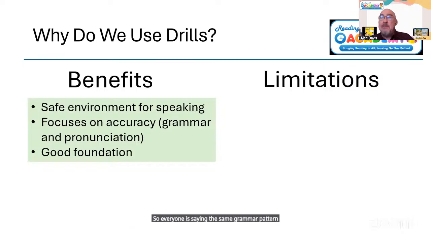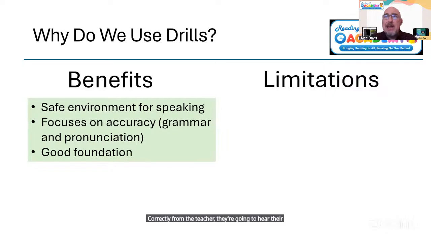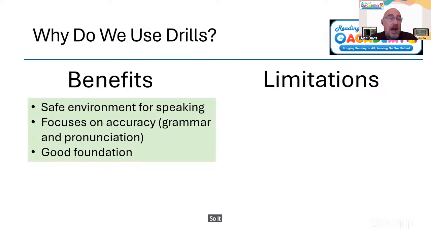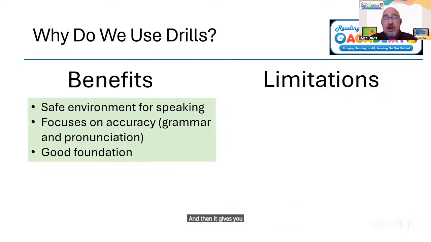It is a pen. It is a pen. And they're going to hear it correctly from the teacher. They're going to hear their classmates saying it. They're going to practice forming the words. So it's a very good way to increase the accuracy level of the students. And then it gives you a good foundation for moving on to the next activity. So there are some very good benefits.